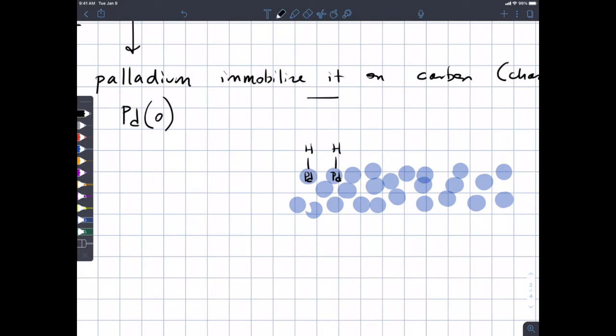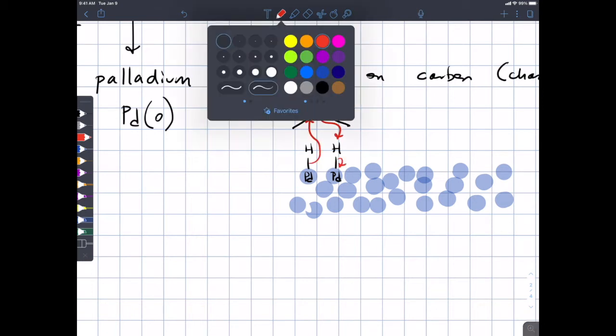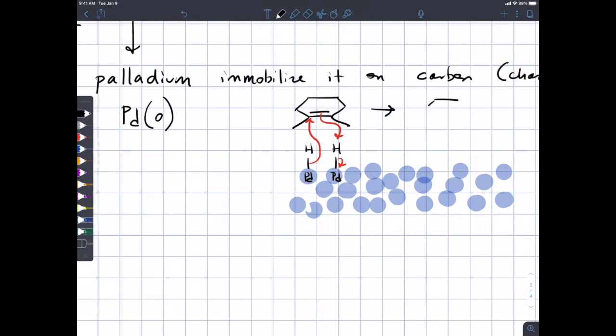Then the olefin comes in, and because the hydrogen is bound to a surface, the olefin has to approach that surface, and only one face of the olefin is reactive. That's the face that's touching the surface. And both hydrogens get delivered to the same face of the olefin at the same time, so that the methyl groups on our olefin end up on the same side and the hydrogens end up on the same side.